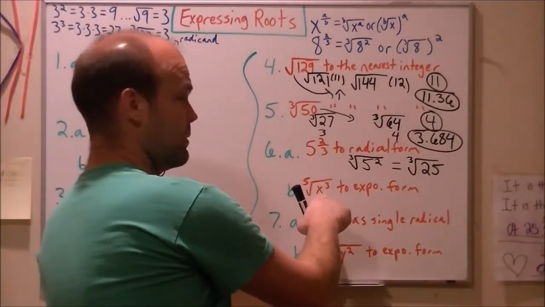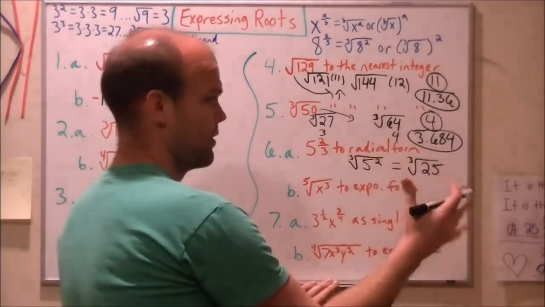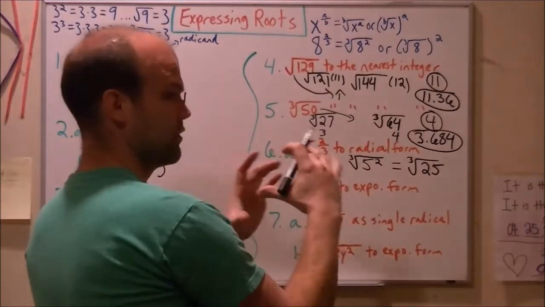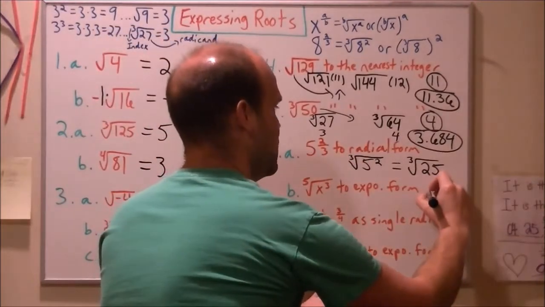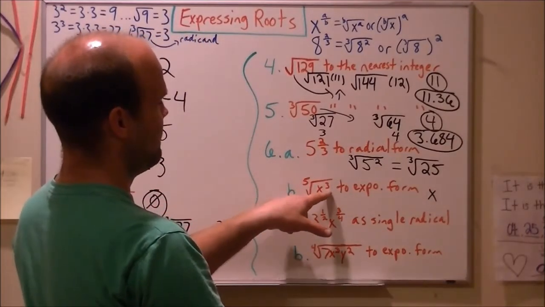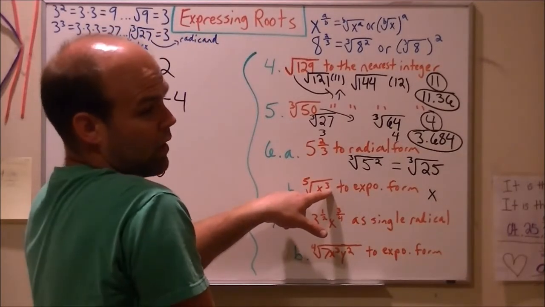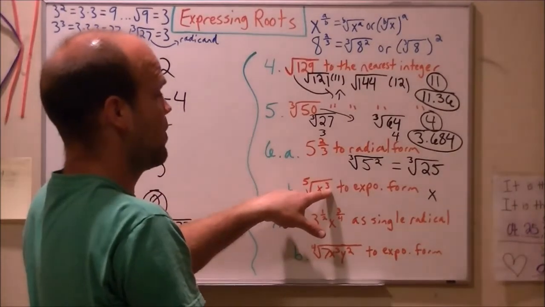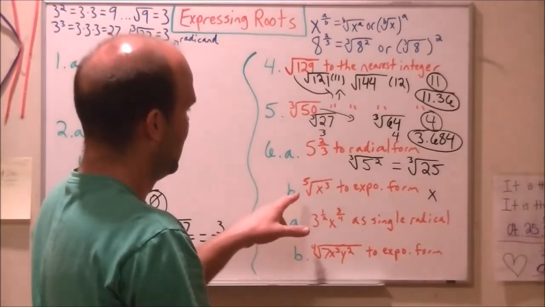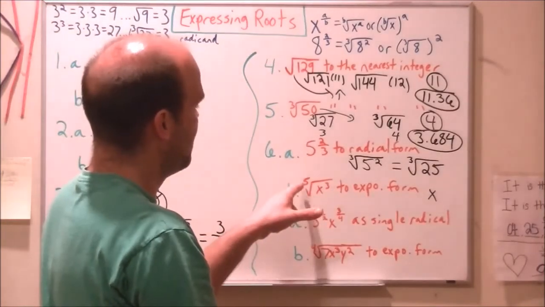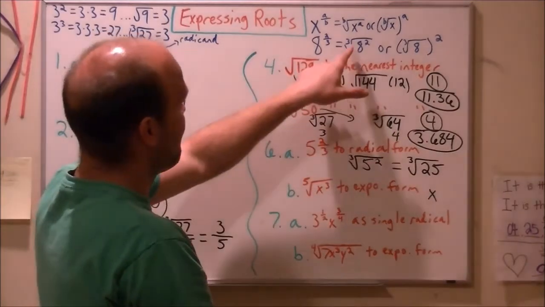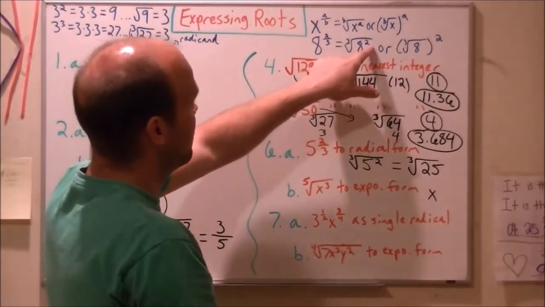I keep the main term, which is x. But look what I do with this. I can turn the power under the root symbol into the numerator in my exponent, and the root outside is my denominator.